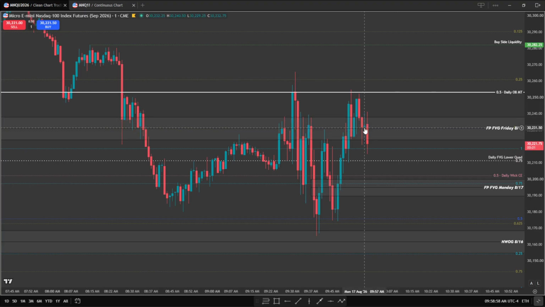What I tell you, this candle just closed with a wick really. It didn't do anything, and then the very next candle goes lower.